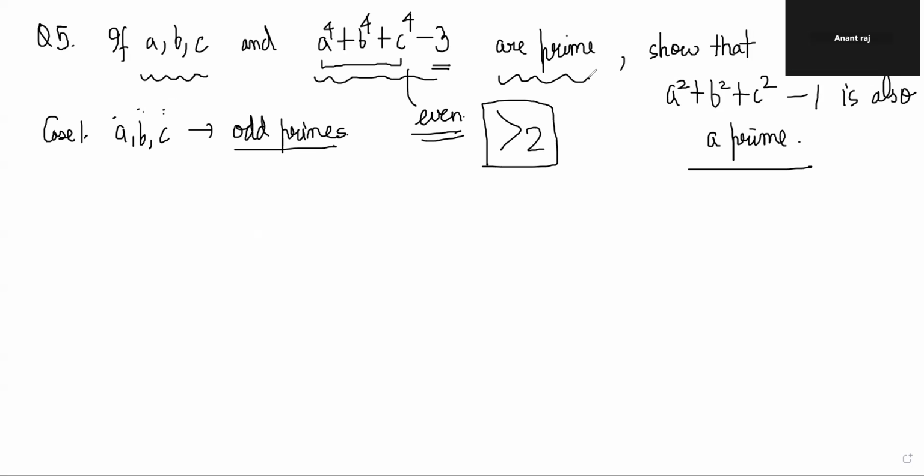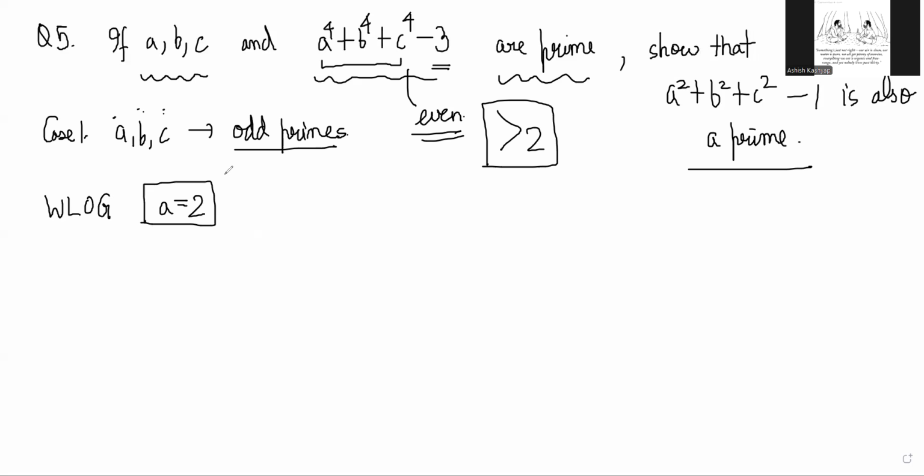So without loss of generality, we will assume that one of them is 2. Let's say A is 2. Now this will be fine because we are not getting an even number here.